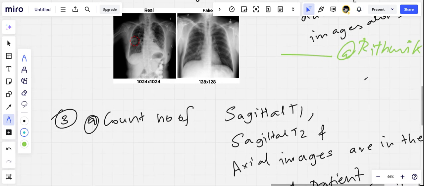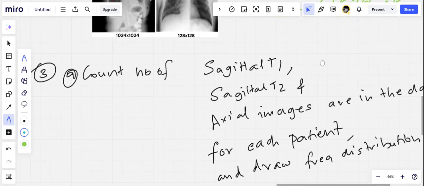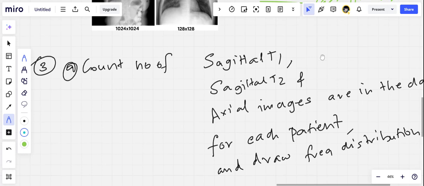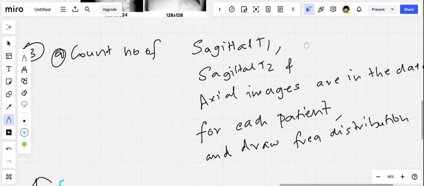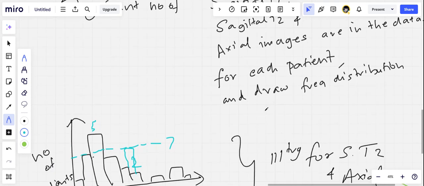For the third one, as I said before, different patients have different scans. It's important for us to fix the number of scans each patient should have to build the model. So, to understand how many scans there are for each patient, we'll count the number of sagittal T1, sagittal T2, and axial scans for each patient and draw it as a distribution histogram like this one.